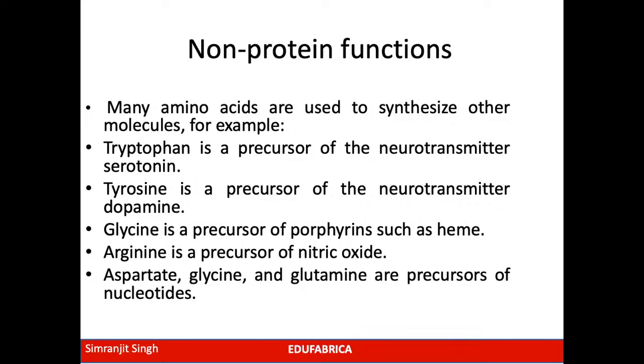And some non-protein functions: many amino acids are used to synthesize other molecules. For example, tryptophan is a precursor of the neurotransmitter serotonin, tyrosine is a precursor of the neurotransmitter dopamine, glycine is a precursor of porphyrins such as heme, arginine is a precursor of nitric oxide, and aspartate, glycine, and glutamine are precursors of the nucleotides.